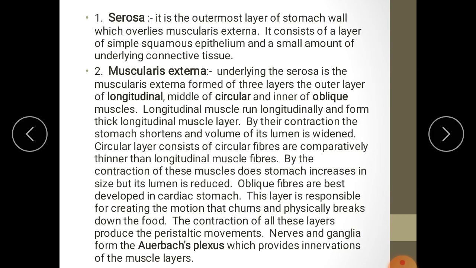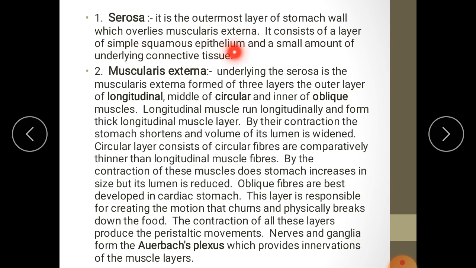So next, serosa. Let us discuss these layers one by one in detail. Serosa is the outermost layer of the stomach wall, which overlies the muscularis externa. It consists of a layer of simple squamous epithelium.